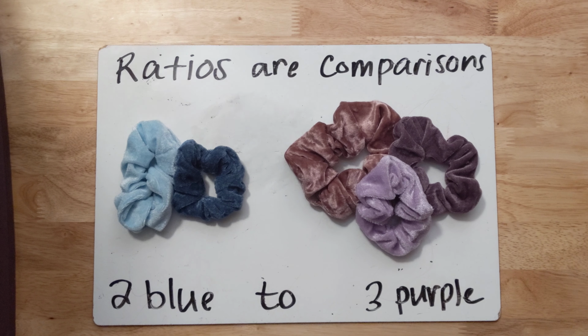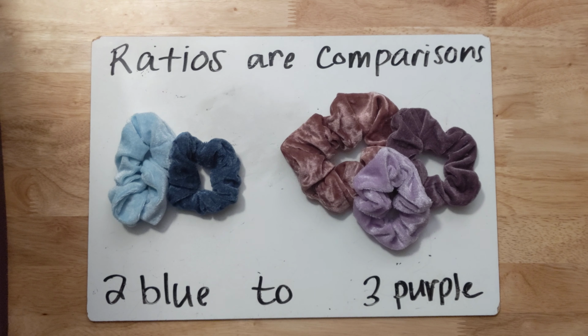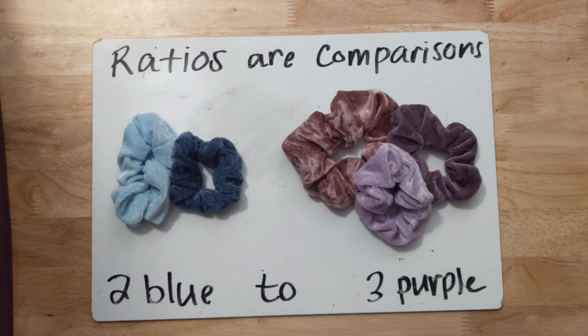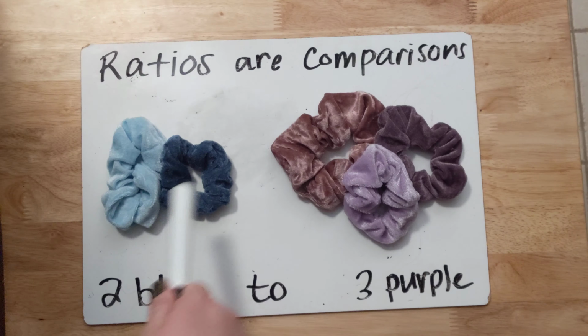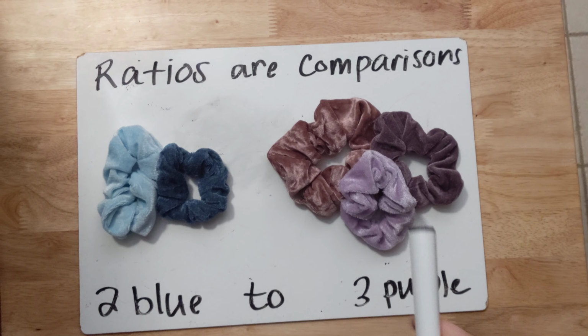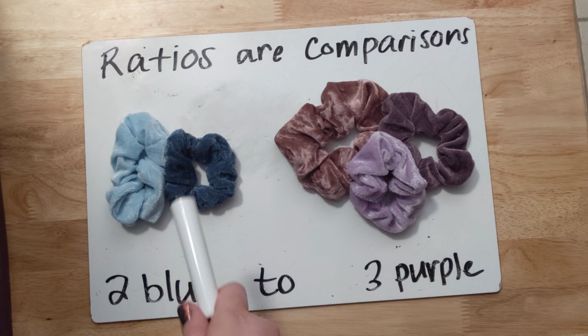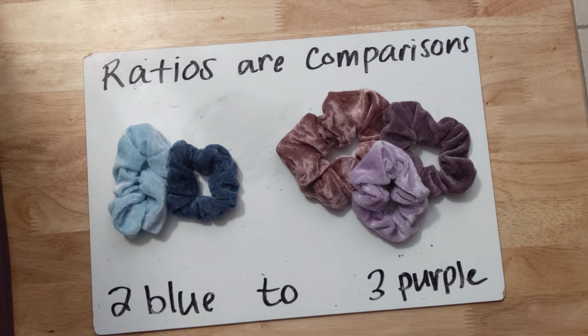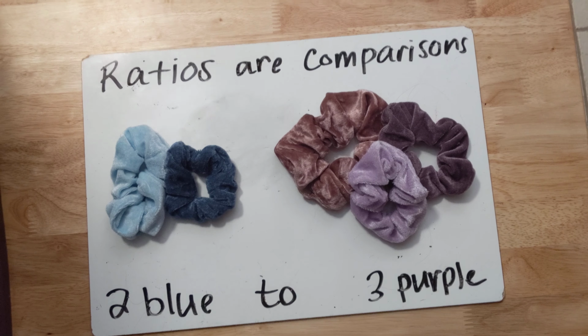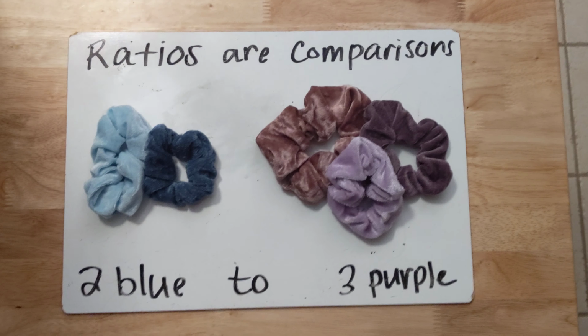So let's talk. Ratios are comparisons. They are relationships between two values. Now here I have blue scrunchies and purple scrunchies. The relationship between these two colors of scrunchies is that I have 2 blue compared to 3 purple. Okay, this is a ratio. It's a comparison of my blue to my purple scrunchies.